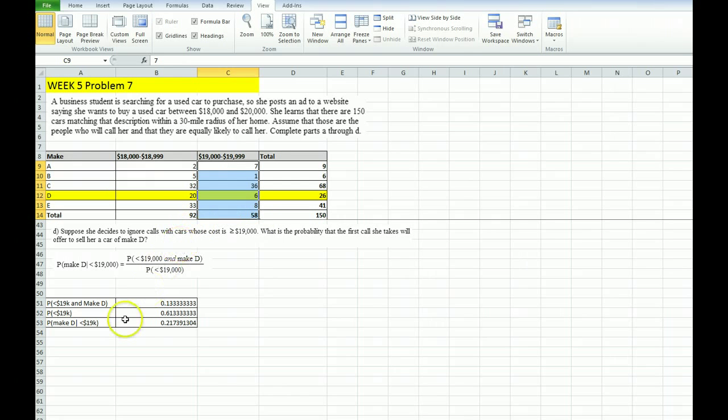So the successes in this possibility would be 6, no, I'm sorry, the successes would be 20 because we're looking at less than 19,000, and the total possibility would be 92. So those two work out to be the same.